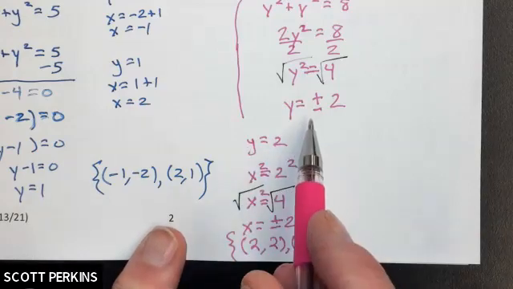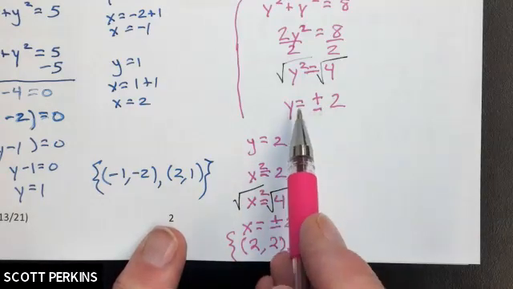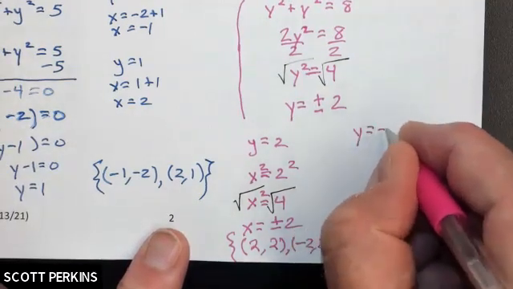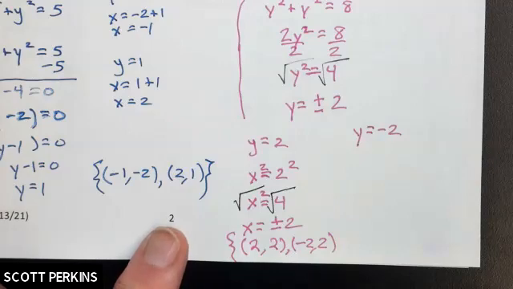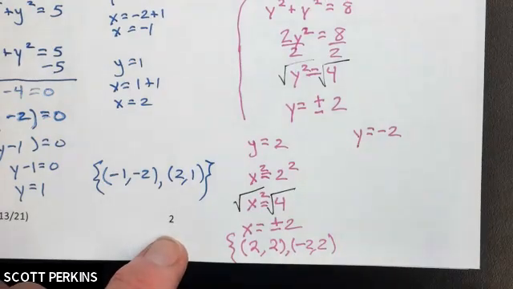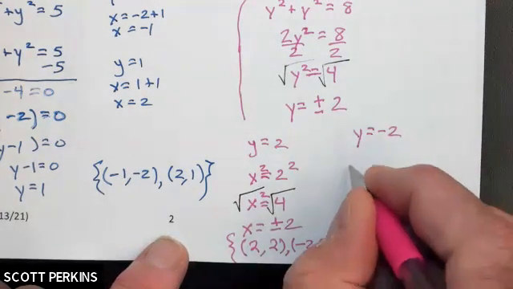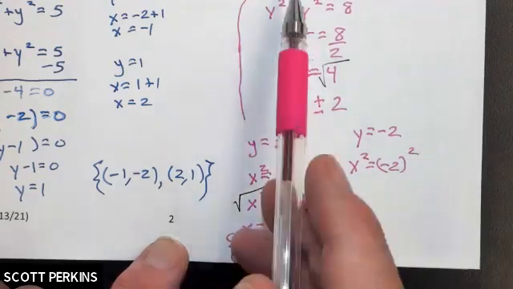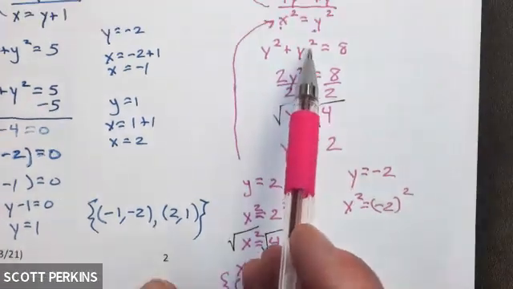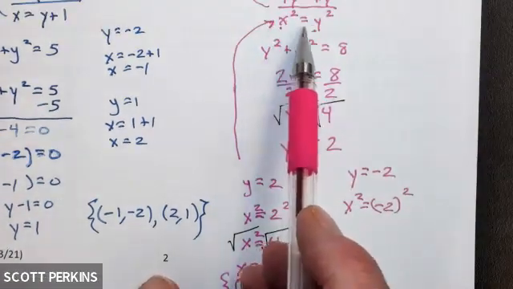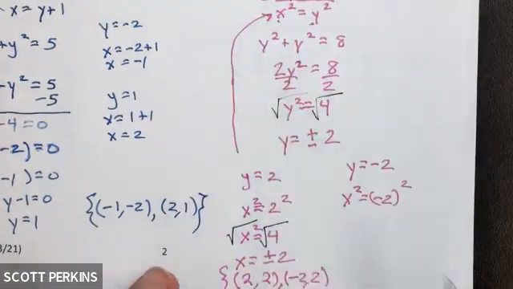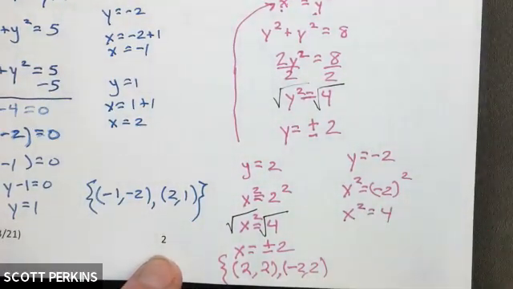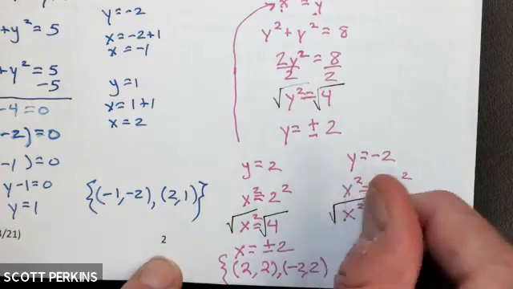Now I've got to go back up here because there were 2 y values. There was a plus and there was a minus. So I'm going to do the same thing again for y equals -2. And when I do that, I've got x squared is equal to (-2) squared. Again, I'm just using this equation. Whoops, you can't see it on the screen. I'm using this equation that we solved for originally. And so I get, again, x squared equals 4. Once again, I'm going to take the square root of both sides.